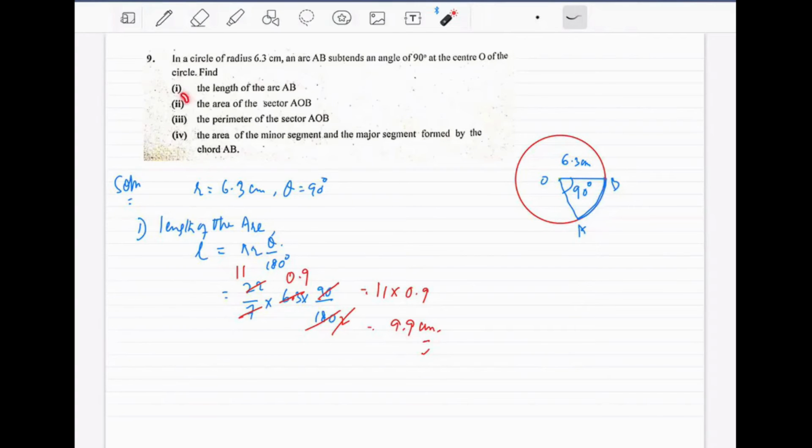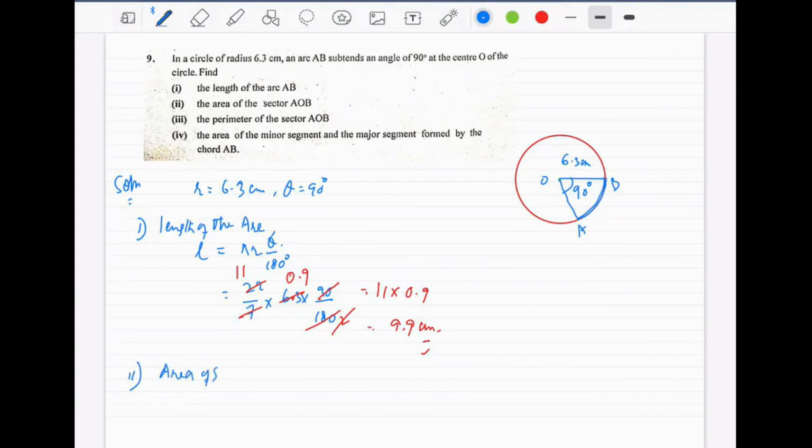Now Roman number 2. Look, area of the sector AOB. Area of sector, we have done it many times. If you refer to the previous class, you will be seeing abundant questions. And Roman number 2 will be how much? Area of sector, what's the formula?